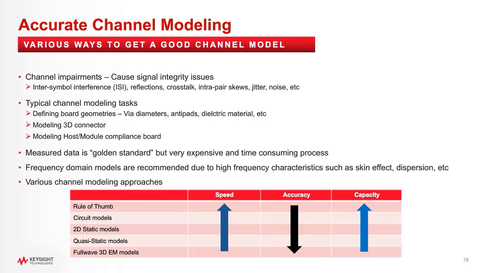Definitely, frequency domain models are preferred due to high frequency characteristics such as frequency dispersion and skin effects. As shown in the table, there are several ways of channel modeling, but they all come with pros and cons in terms of speed, accuracy, and capacity.